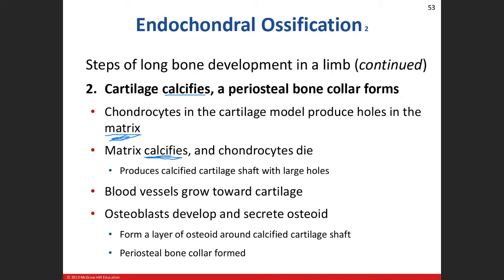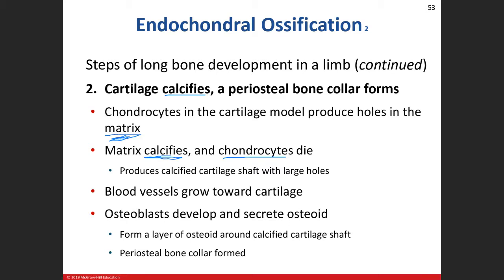That poor chondrocyte now has sealed itself off, because that calcium has surrounded that chondrocyte's matrix and calcified it and made it solid. So it can no longer get nutrients through diffusion, and it dies. So that chondrocyte dies.